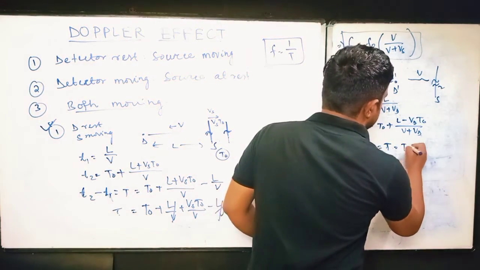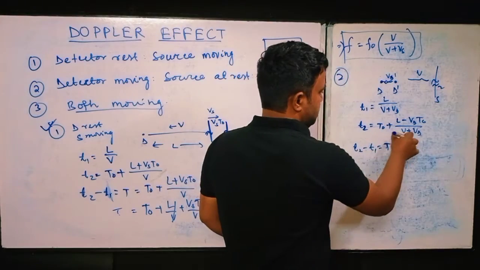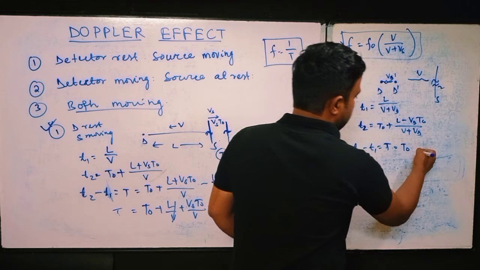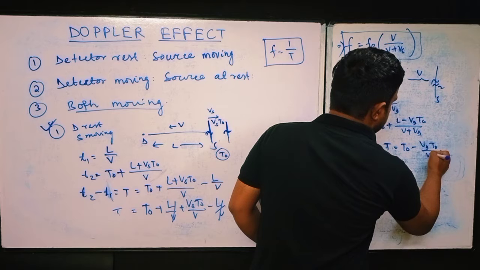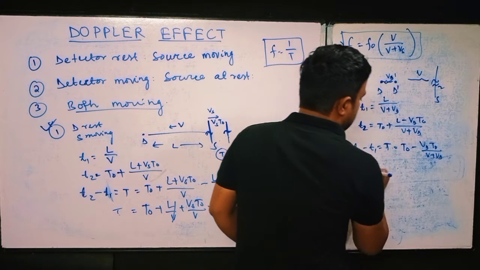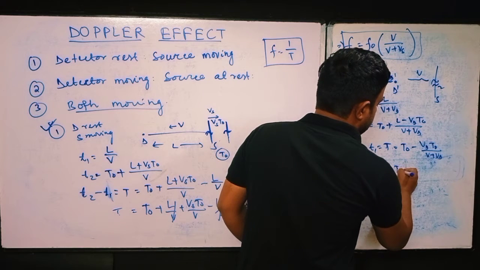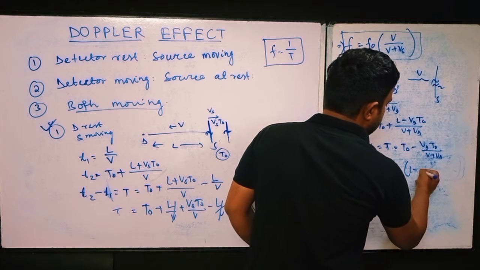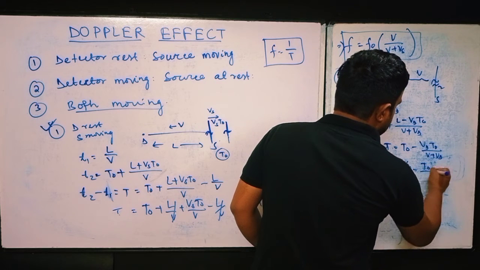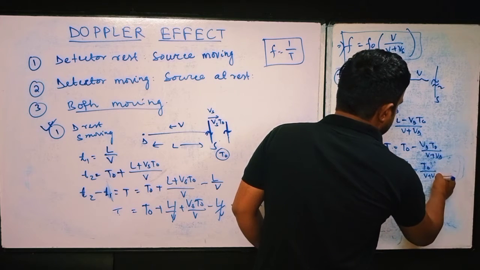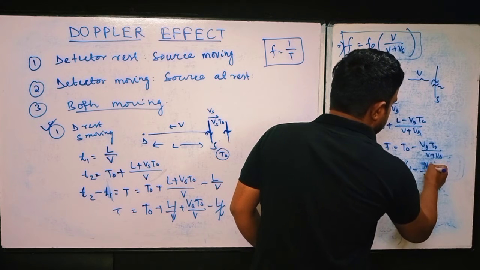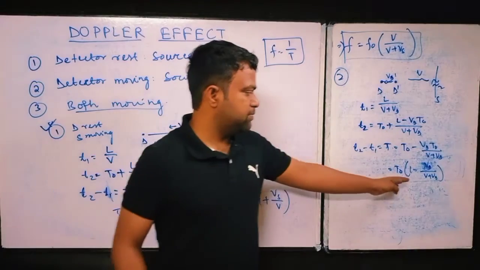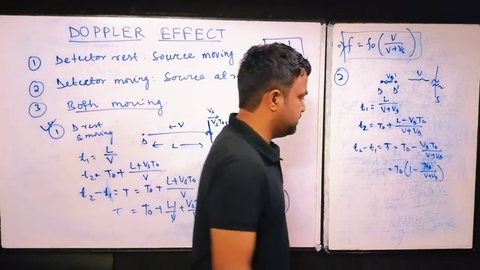I am writing directly: T0 minus Vd T0 by V plus Vd, or you can take T0 common, that will be T0 times 1 minus Vd upon V plus Vd.